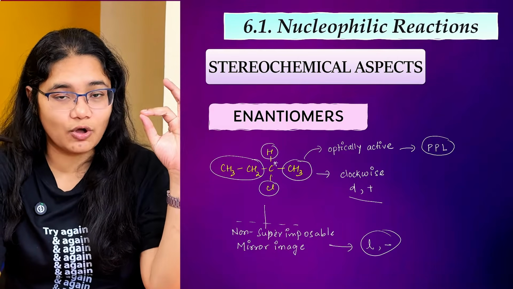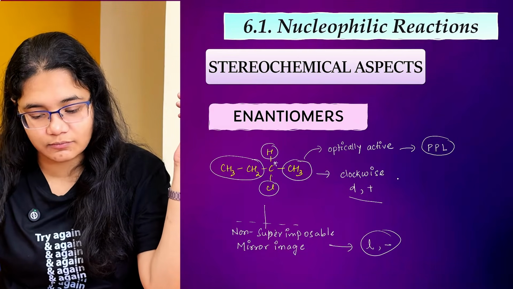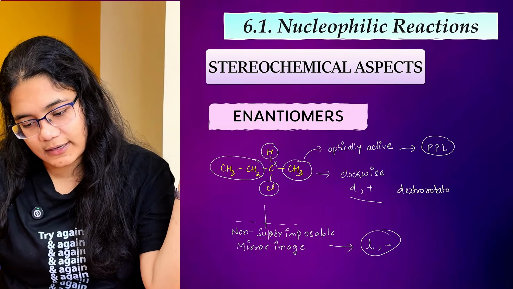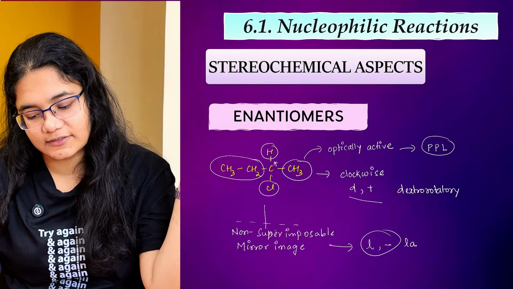If it is plus, clockwise, it is called dextrorotatory. So this small d stands for dextrorotatory, and the small l stands for levorotatory.